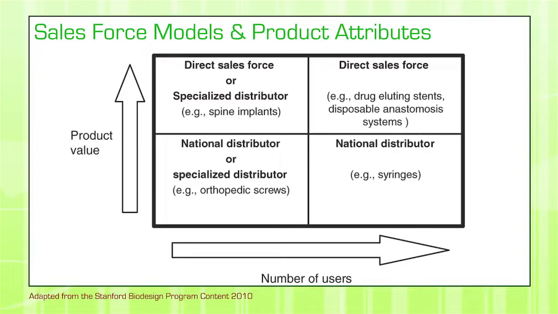In terms of number of users, it could be a little more heterogeneous, but it suffices to say that if you have a product with a very low number of users and a value that is not widely acknowledged, then you are looking for a specialized distribution system. In this case, for a business model such as implantables, it might be of great importance to find specialized distributor options in these schemes.